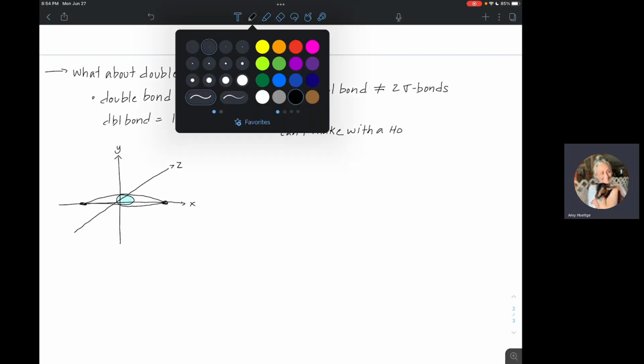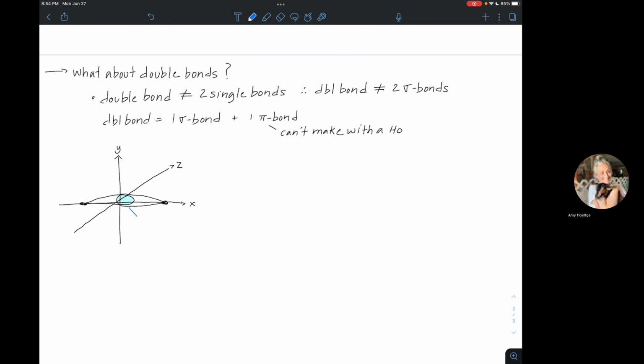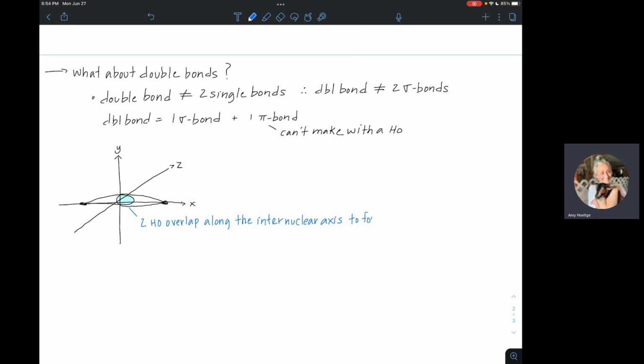Here, what we have are two hybrid orbitals overlapping along the internuclear axis to form a sigma bond.